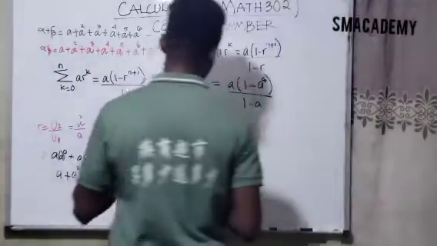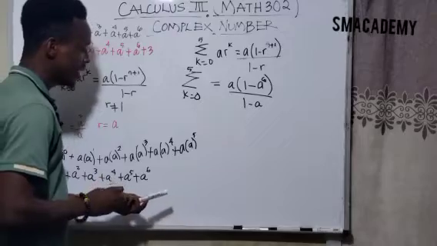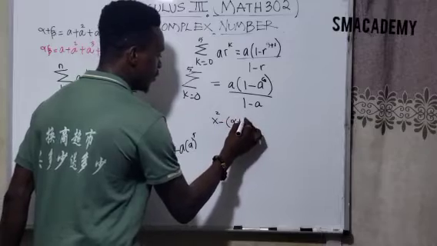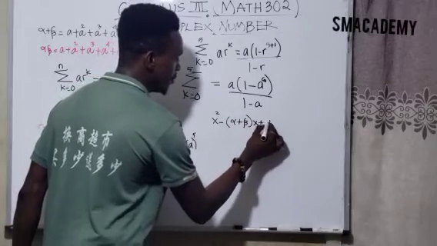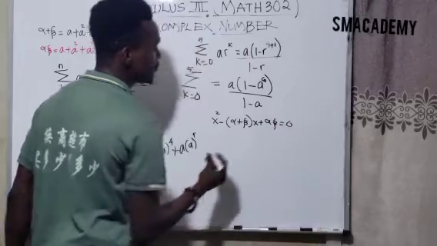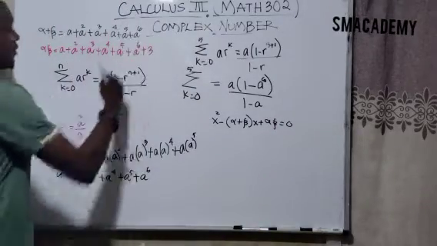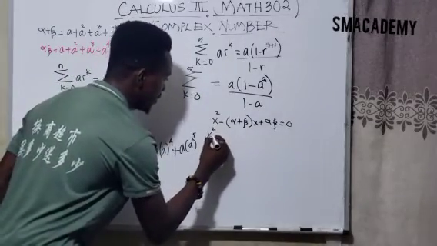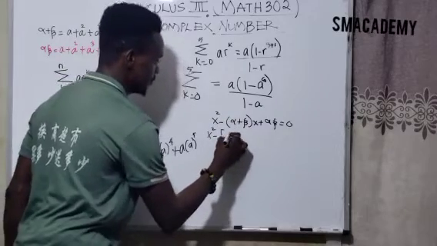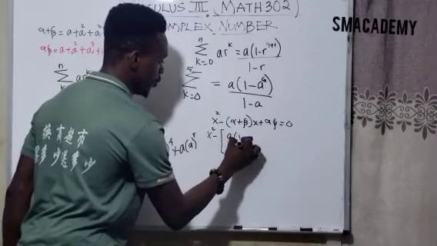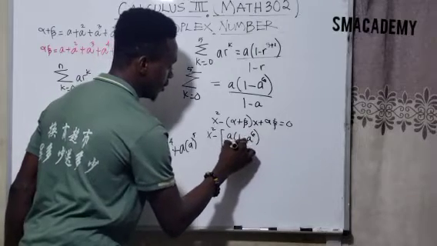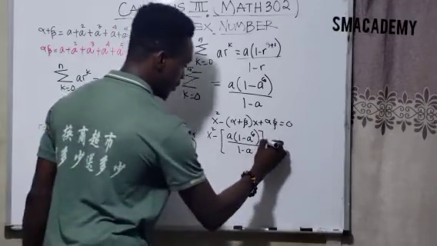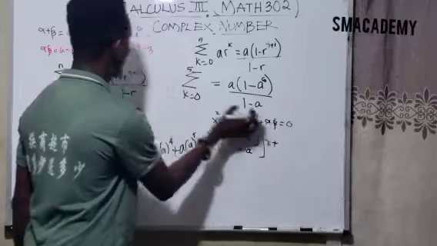So going back to our quadratic equation, we said that x squared minus the sum of the roots times x plus the product of the roots will be equal to 0. So now my entire series up here is this. So we have x squared minus a times (1 minus a to the 6th power) all divided by 1 minus a, times x, plus, and my product series here is this.